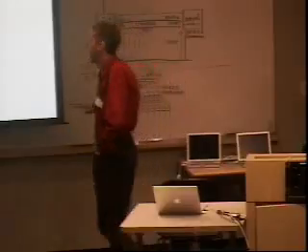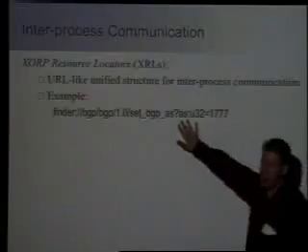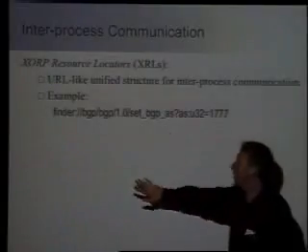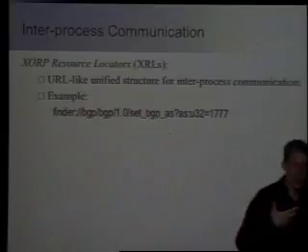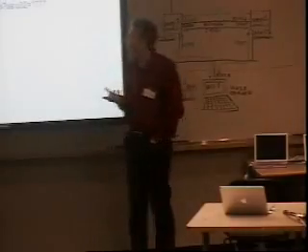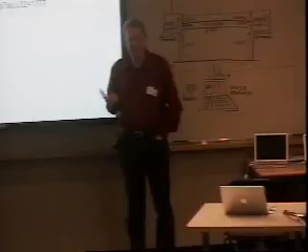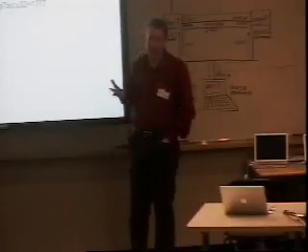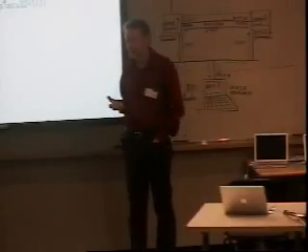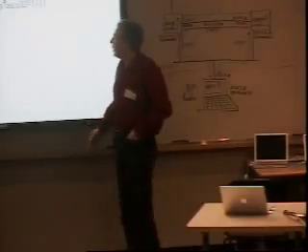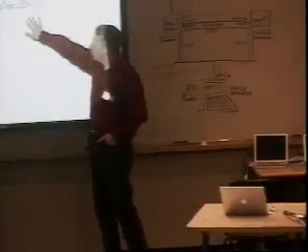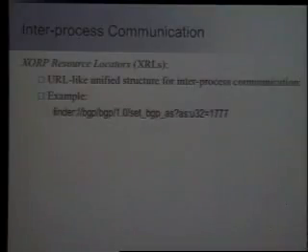So this is one of the reasons why we ended up going for things which have similar properties to URLs, the fact that they can address different transport protocols, different ways of configuring things. In the end, it turned out that the thing that really mattered was that these are ASCII, or at least they have a canonical ASCII representation, and that's been the most useful thing about them. So anyway, we end up with things like this, which is the canonical ASCII representation of an XRL.